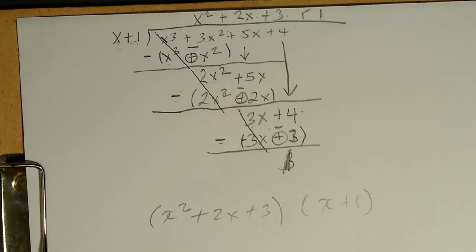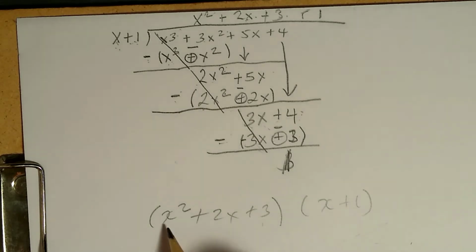We're going to do the FOIL method. X squared times x is x cubed. X squared times 1 is x squared.